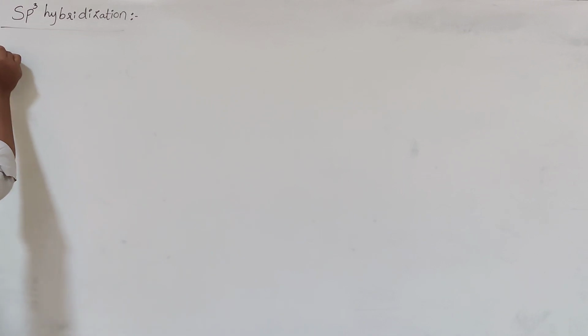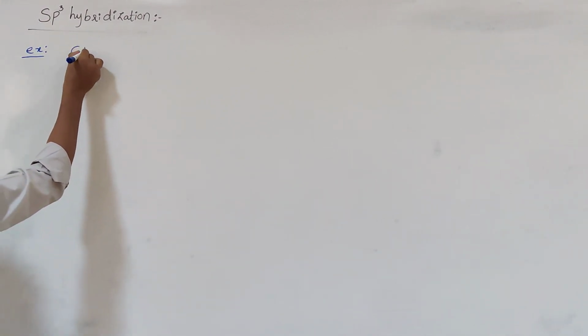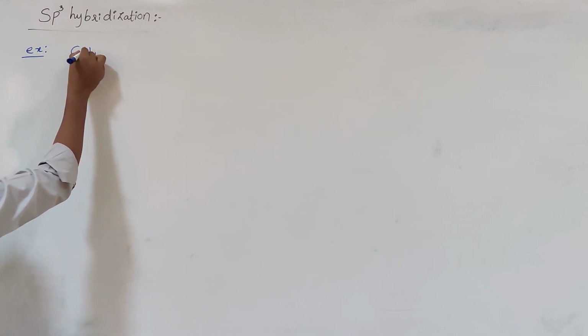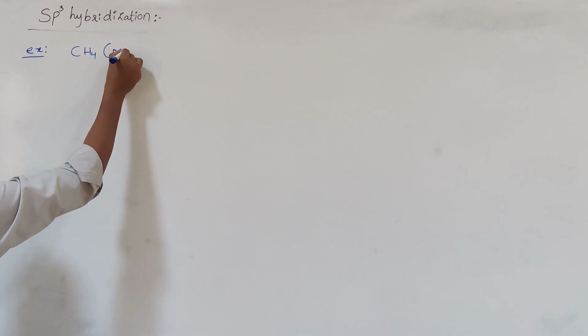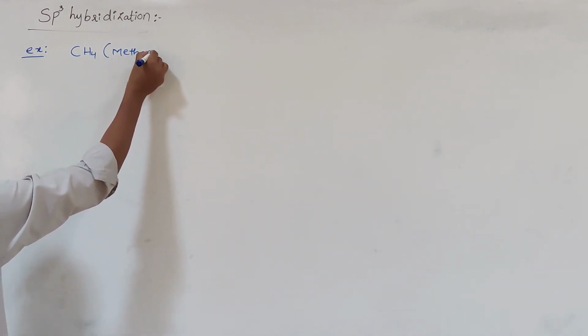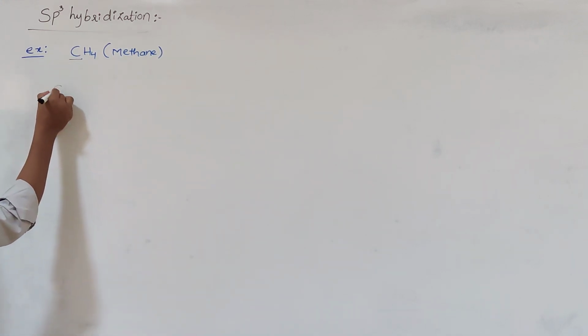The best example for sp3 hybridization is the methane molecule, CH4. That is, we call methane. In methane, what is the central atom? The central atom is carbon.